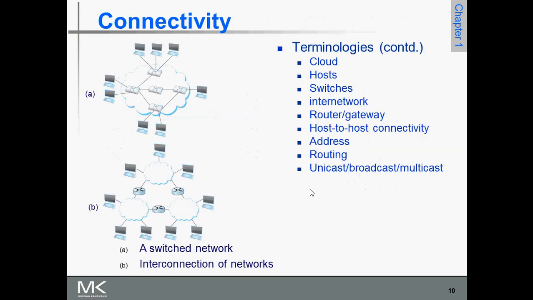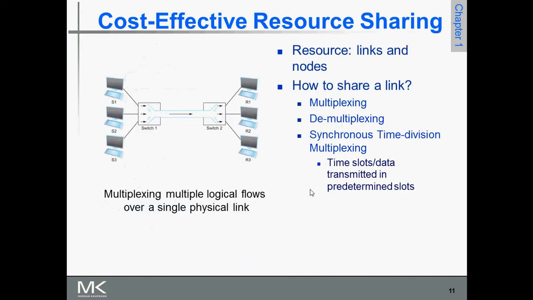The previous requirement, scalable connectivity, comes from network operators, because they require scalable connectivity in order to easily add new nodes according to the client requirement. Then we have cost effective resource sharing.